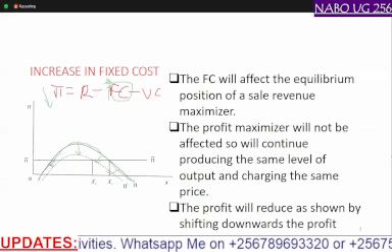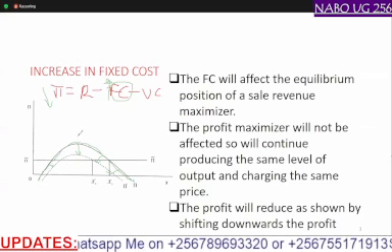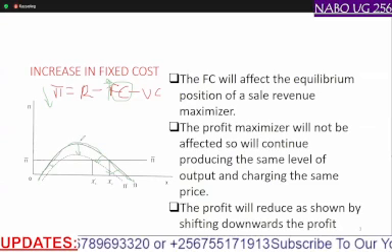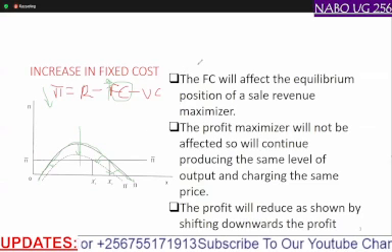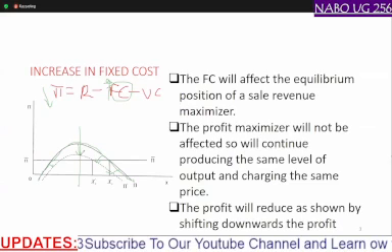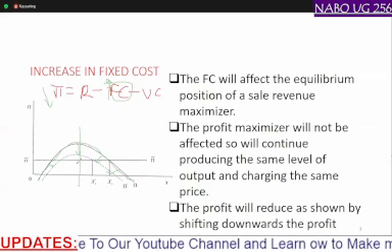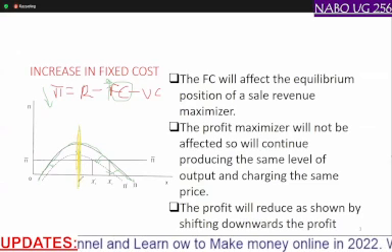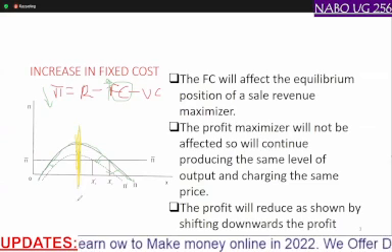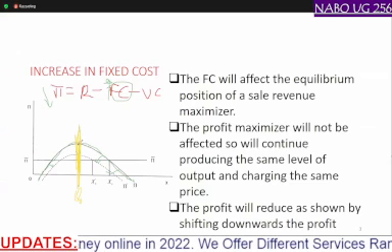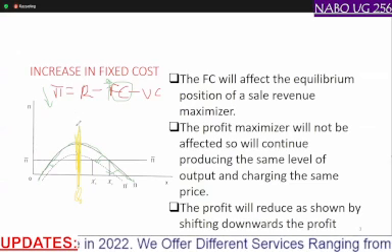What we observe is that a profit maximizer always operates at the maximum point of the profit curve. So the profit maximizer will continue operating at this point, producing the same level of output and charging the same price.